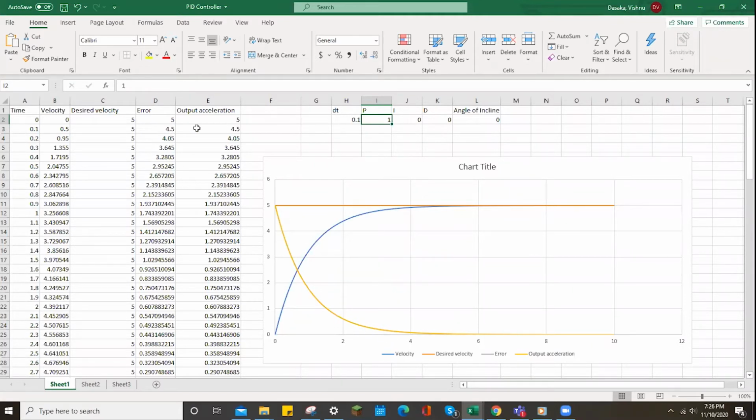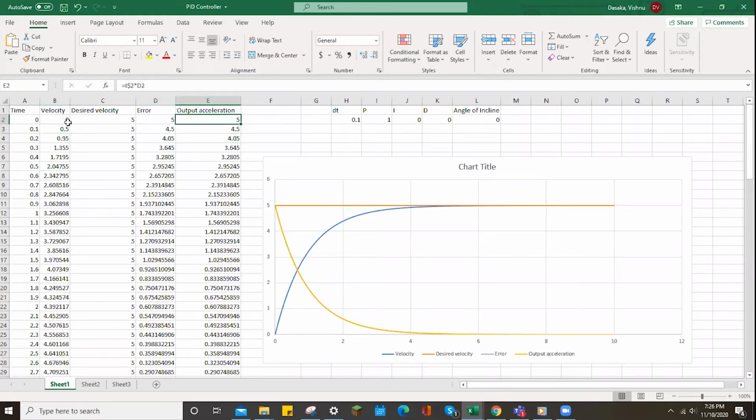Now, just because the output acceleration is decreasing, it doesn't necessarily mean you're not pushing as hard as you can, because you're pushing to get from that 0 to 5 miles per hour. The P controller is pushing to get you from that 0 to 5 miles per hour at the same level as it is in the beginning. However, the output acceleration is actually related to the error, which is related to the velocity, which is also related to the output acceleration.